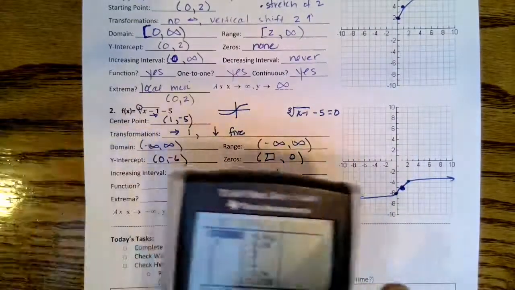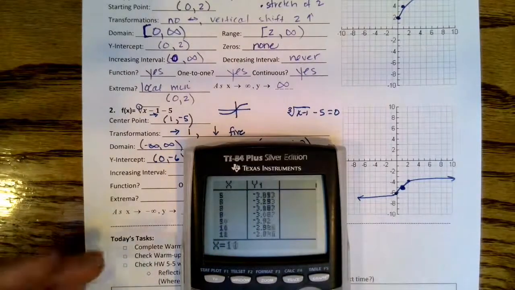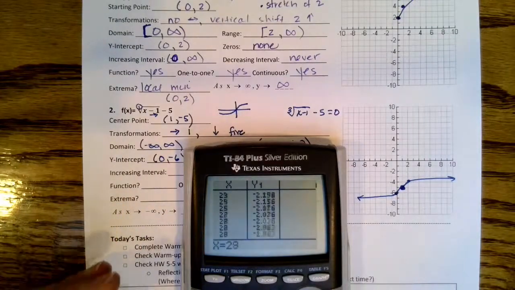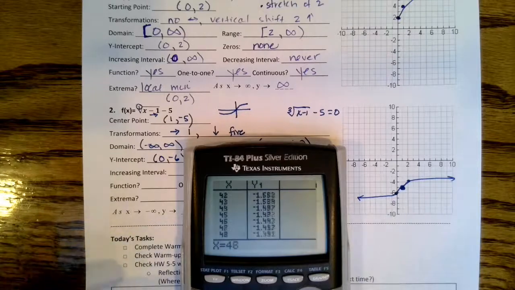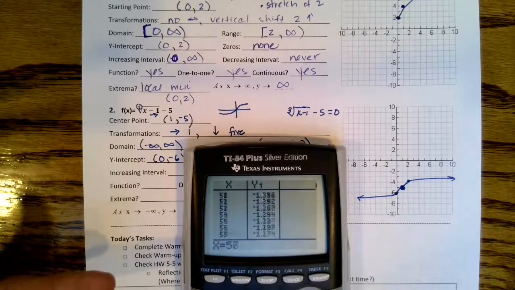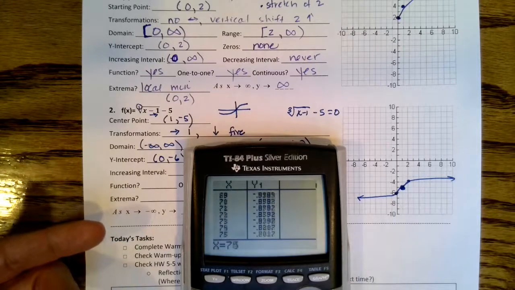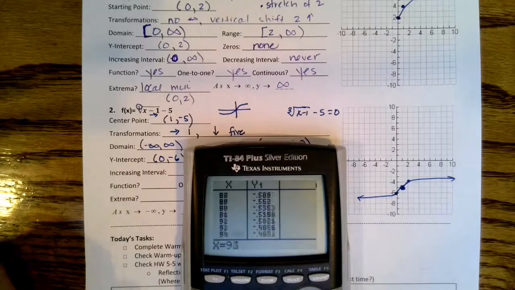For now, I'm kind of at the mercy of my table of values. So I know that as I scroll down my table, my output is getting closer and closer to 0. So I can keep scrolling and recognize that it's going to take a long time, but eventually it's going to get all the way up to 0.